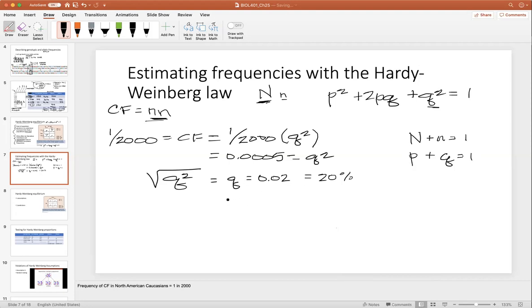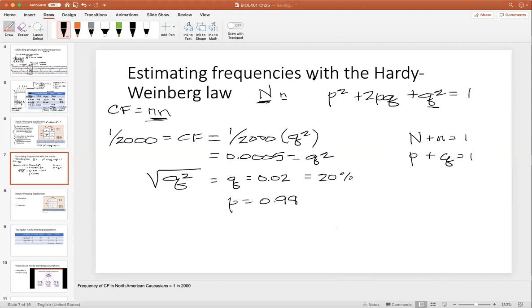Of course I do. P must therefore be 0.98. I hope you guys can see how I got that. 0.98 plus 0.02 equals 1, right? And that's all the alleles we can have as a dominant and a recessive, because we're only talking about a 2 allele system.